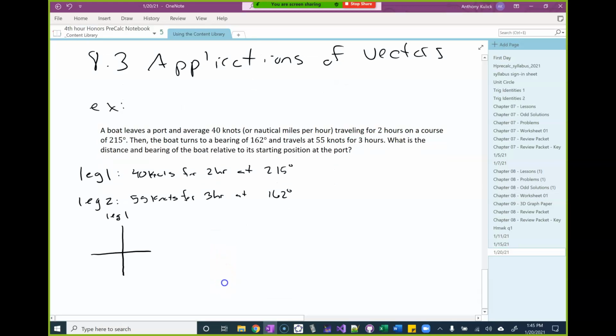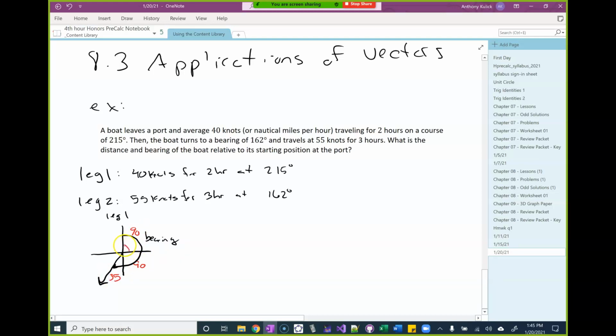So I'm going to draw the bearing first. Bearings always start at due north, and they rotate clockwise. So a 215 degree bearing is like here. And 35 more would make 215.